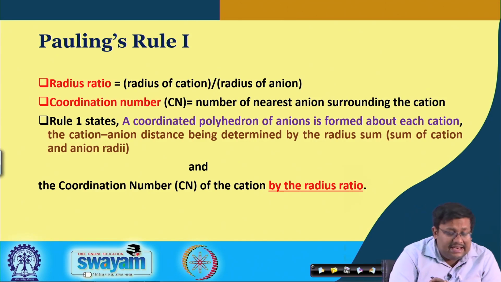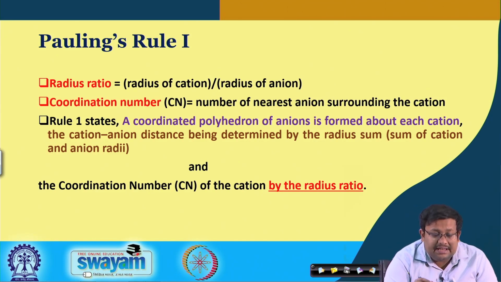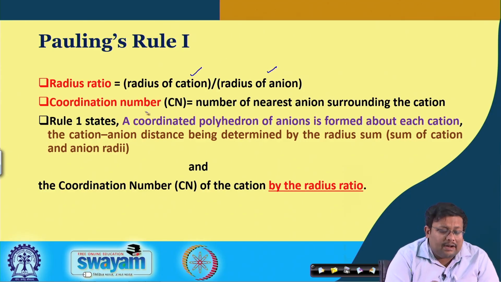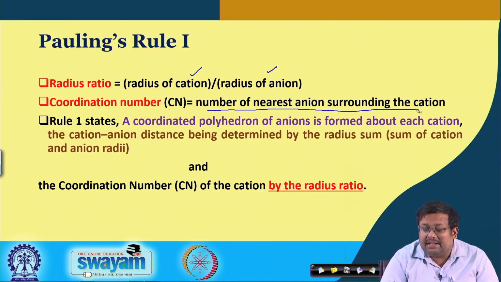Radius ratio is basically the ratio of the radius of the cation to the radius of the anion, and coordination number is the number of nearest anions surrounding the particular cation. These two are very important factors while discussing Pauling's rule number 1.